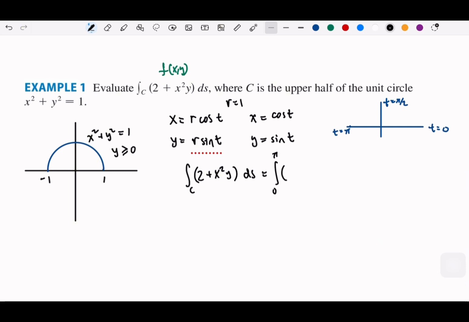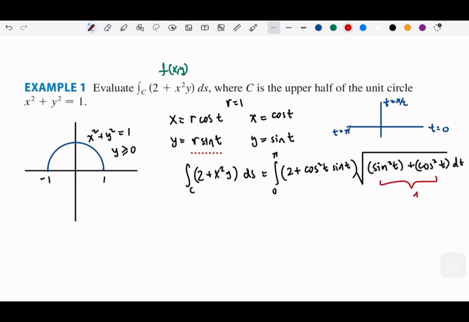And then change everything, so cosine squared t sine t, and then ds will be: dx/dt is minus sine, so sine squared plus cosine squared, which is 1, right? So 2 plus cosine squared t sine t dt.